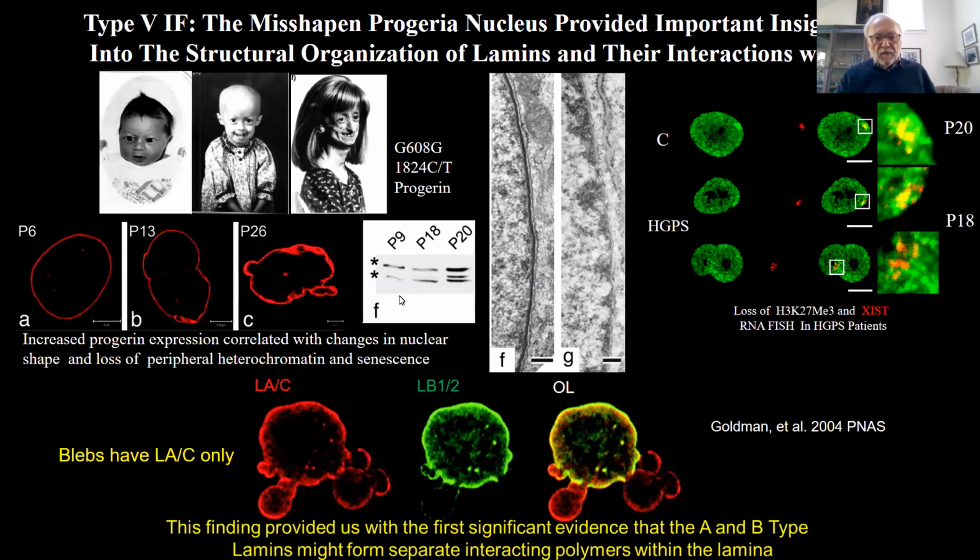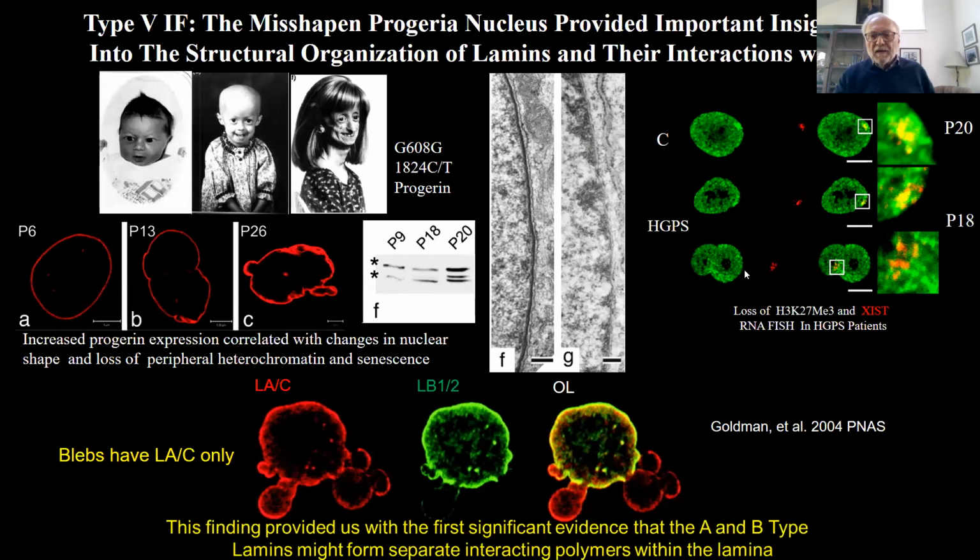This is a permanently farnesylated form of lamin A that causes the nucleus to alter its shape, and it also causes a loss of peripheral heterochromatin, which I'm showing you on the right as a loss of the inactive X chromosome in a female control cell and a female patient cell.